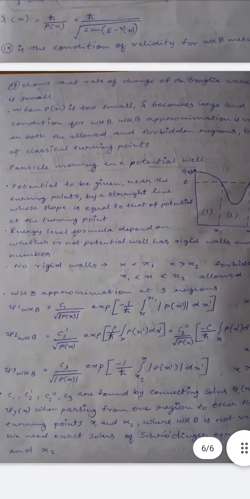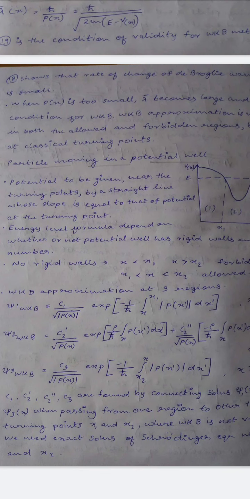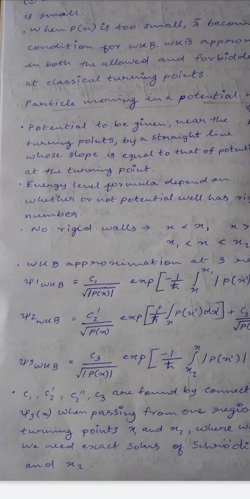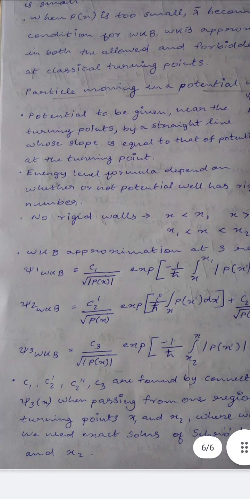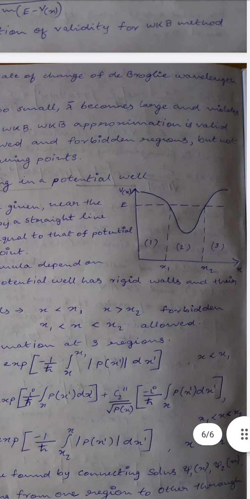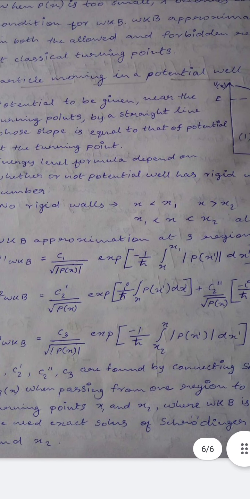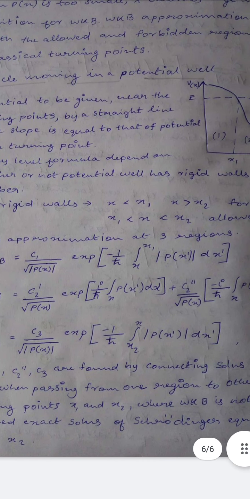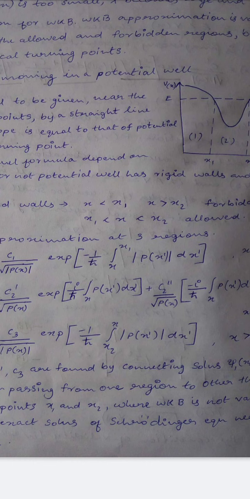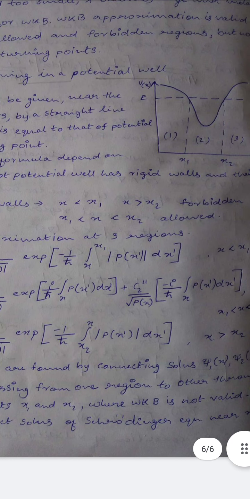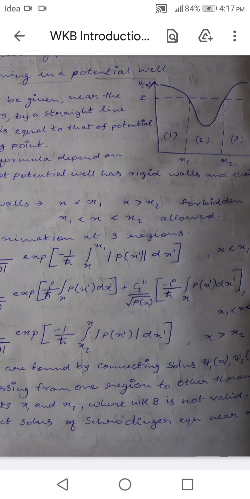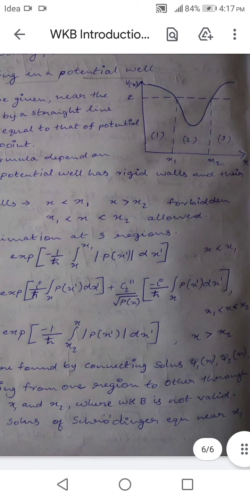Using this, we can find the equation for the wave function in those three regions. Psi 1 of WKB, the wave function in the first region, is given by C1 by root of mod p of x, exponential minus 1 by h cut integral from x to x1 of mod p of x prime dx prime, in the region x less than x1.